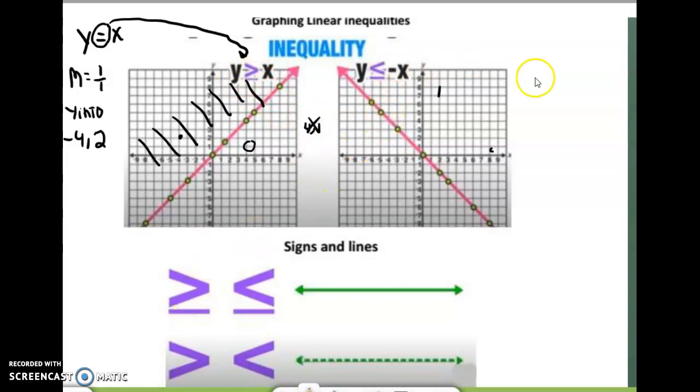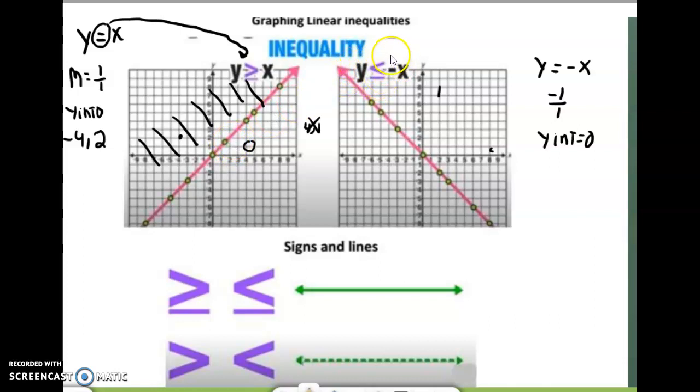All right, now we got the opposite of this, okay? So on this one, the slope is negative 1 over 1, so that's why it's going down, right? The y-intercept is 0. Okay, so basically it's the complete opposite of the first one. Let's look at the sign now.